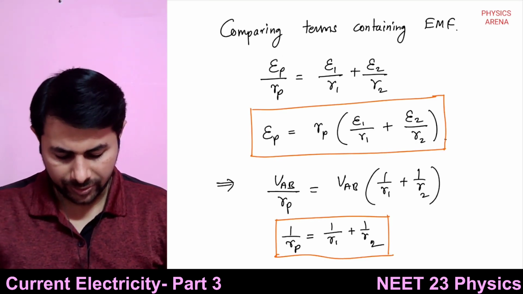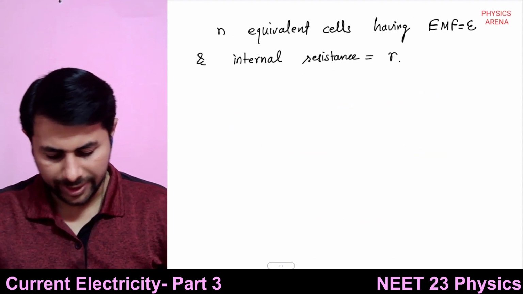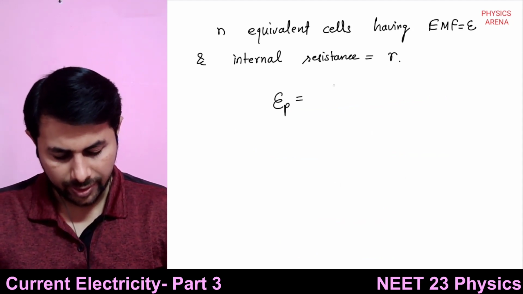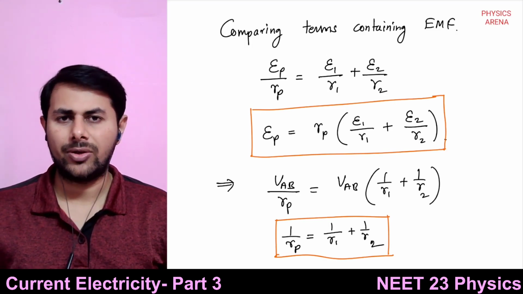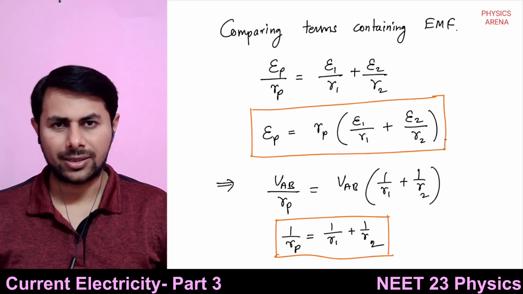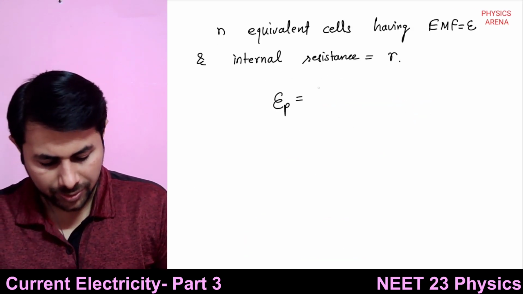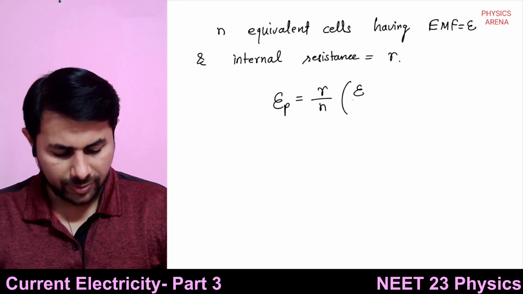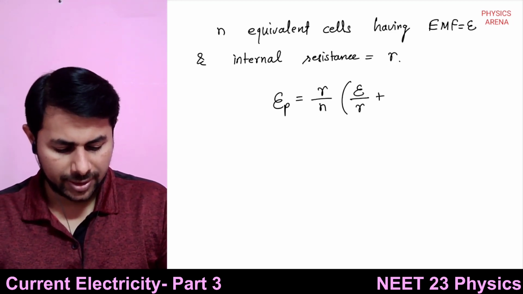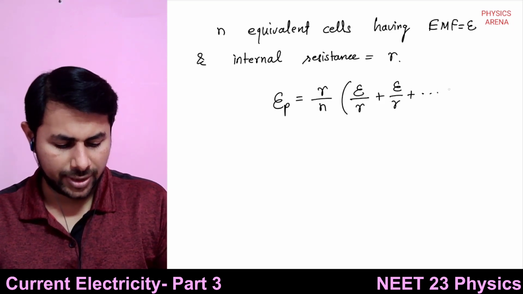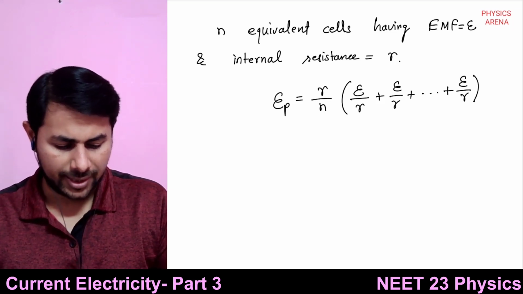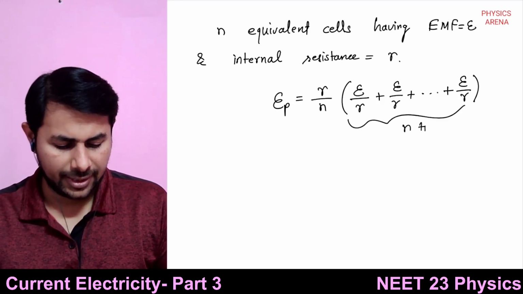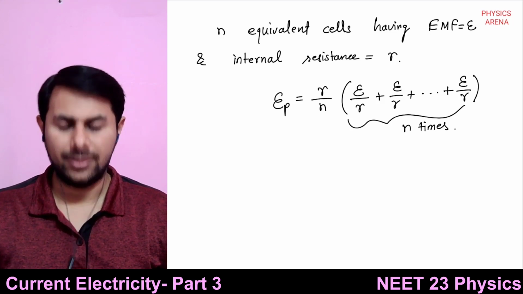We can find it using this formula. If n resistors are connected in parallel, RP will be equal to R upon n. So epsilon P is equal to R upon n multiplied by epsilon upon R plus epsilon upon R and so on, up to plus epsilon upon R, n times.